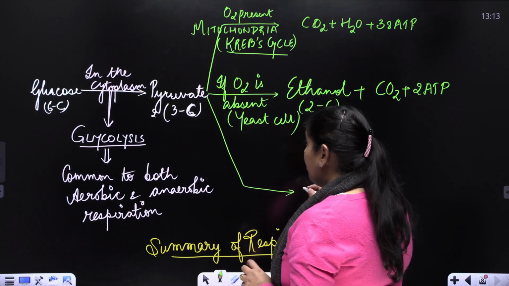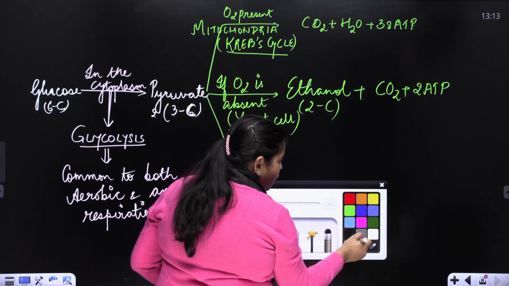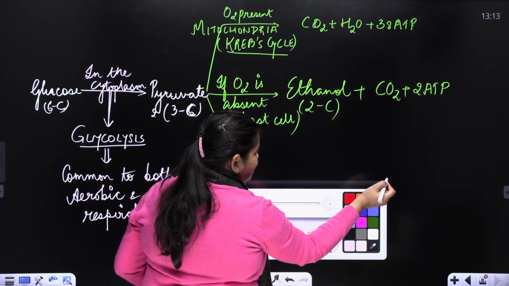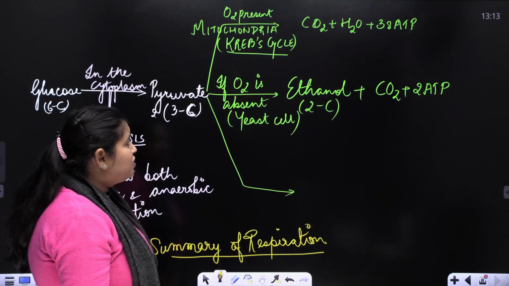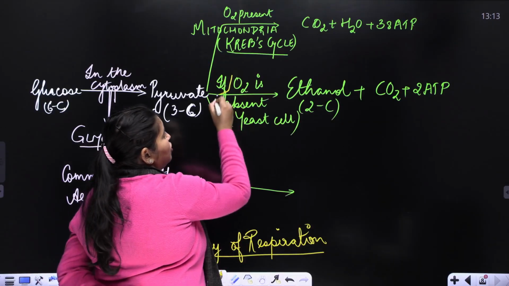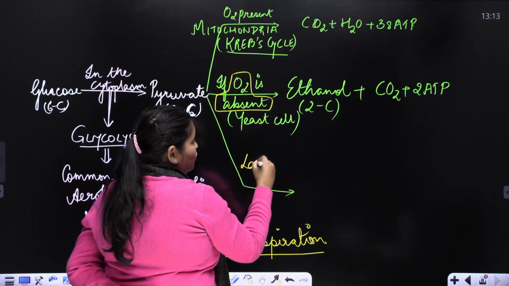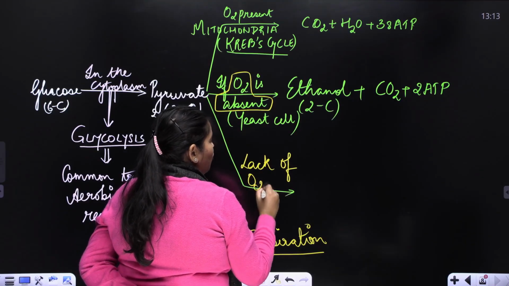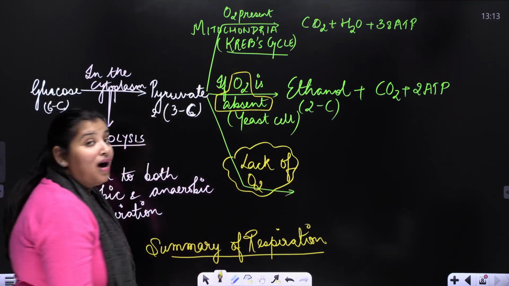Fine. The third. This is very special because we have placed both yeast and muscle cell under the heading anaerobic respiration. But what the difference is that here the oxygen is completely absent. But here it is not absent. It is in the lack of oxygen. Please make a note of this part.